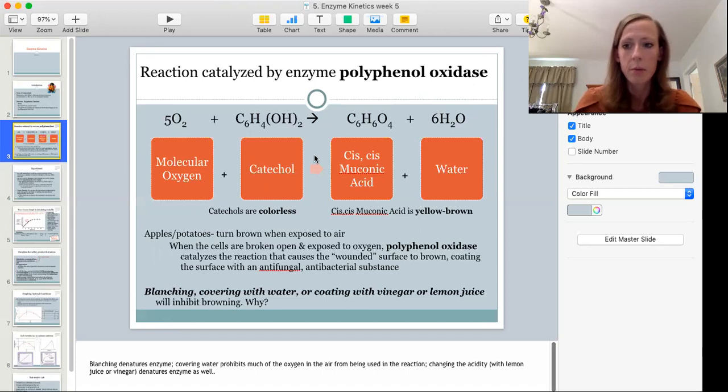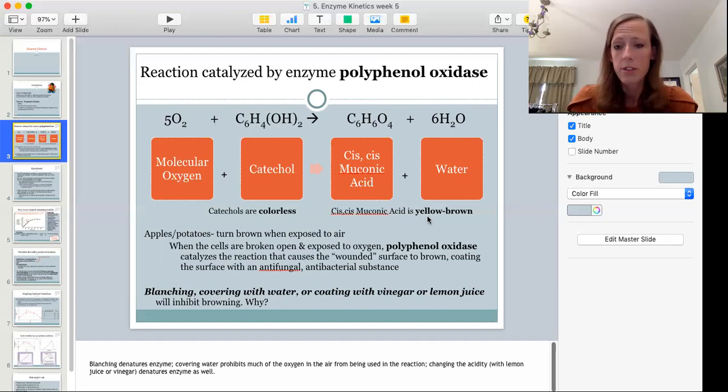Now, something I will point out, and I want you to keep in mind as we go along, is that catechols, our reactant, are colorless, okay? But the product, cis-muconic acid, has a yellowish brown tint to it. So you're actually familiar with this reaction already, although you may not know it.